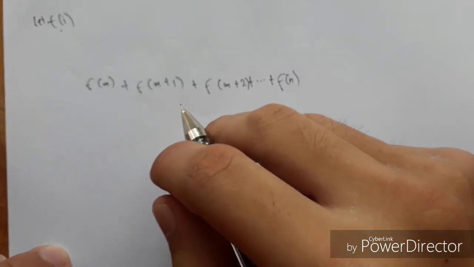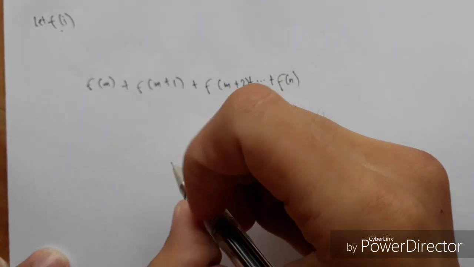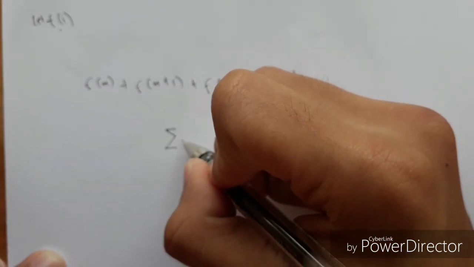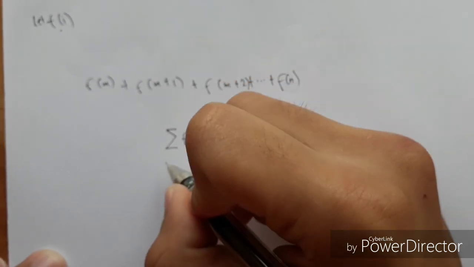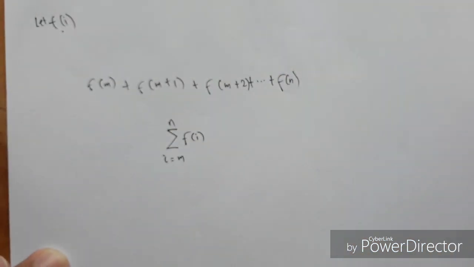This expression can be compactly written in sigma notation as the summation of f of i, where i is equal to m until n.